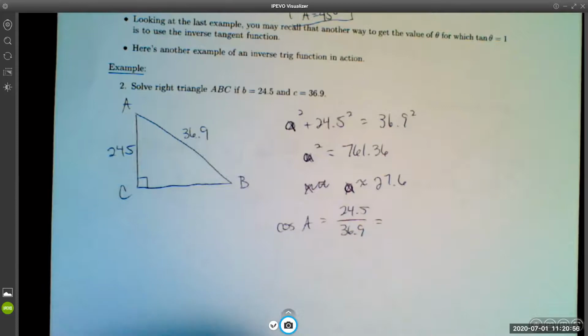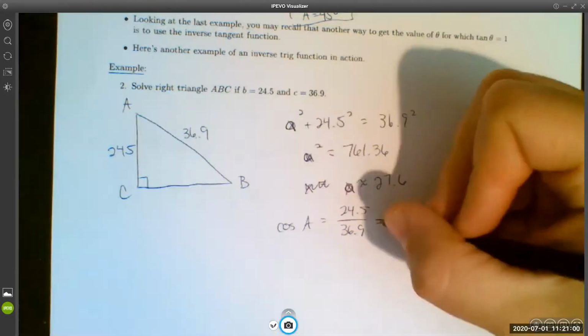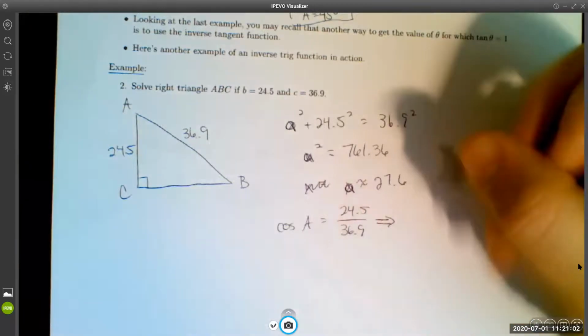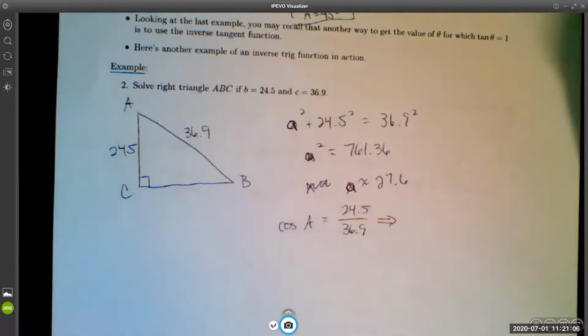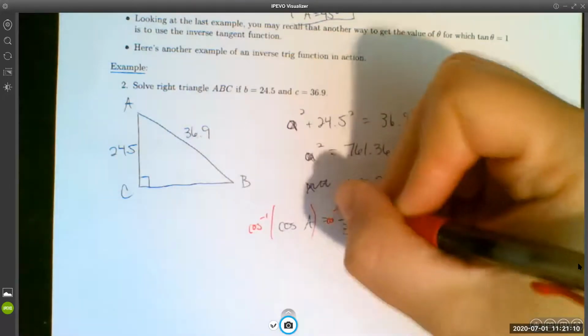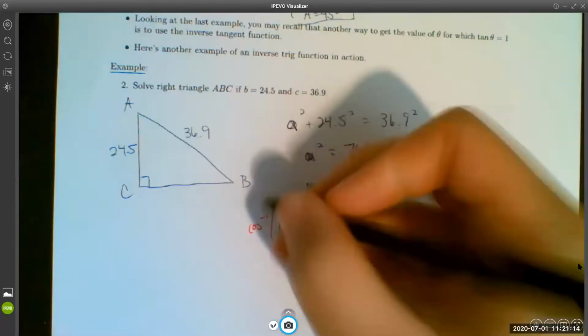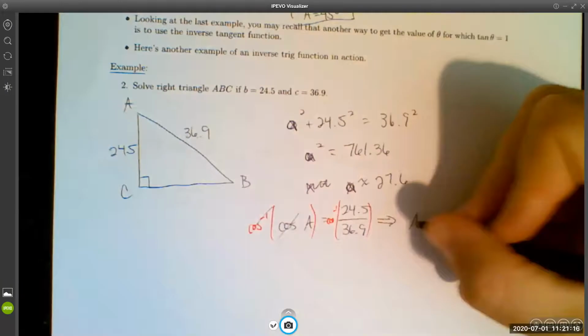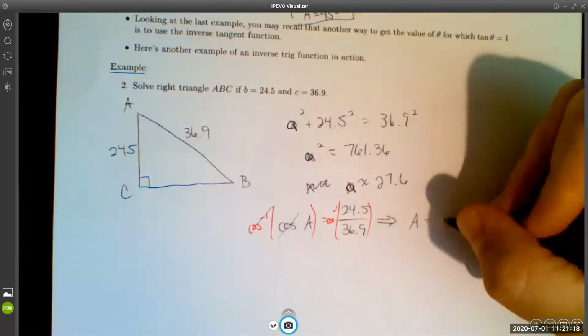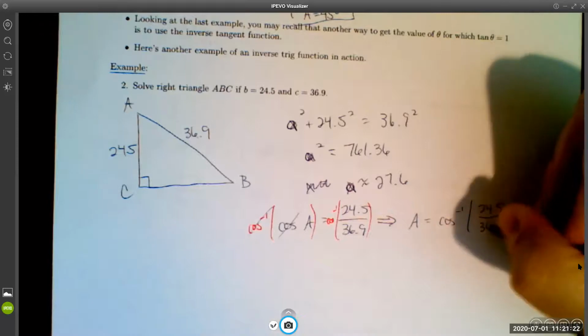It's not a value that we have memorized. So instead, we're going to take cosine inverse. If you take cosine inverse of both sides of this equation, the cosine inverse and the cosine will cancel and just leave you with A. So you're going to get A equals cosine inverse of 24.5 divided by 36.9.